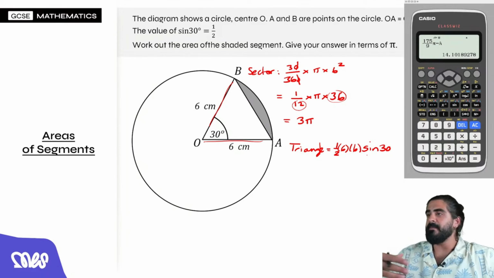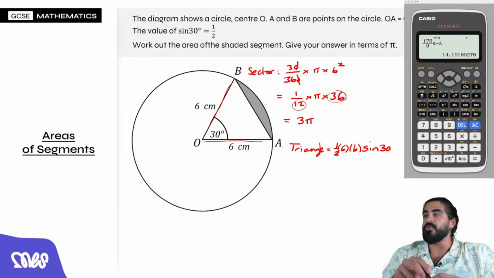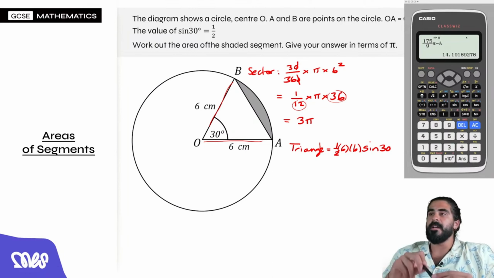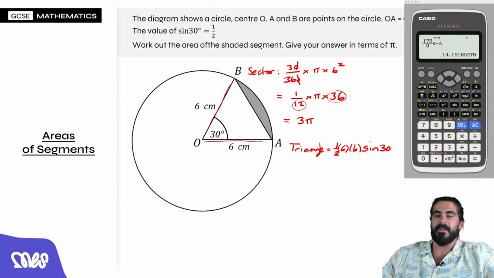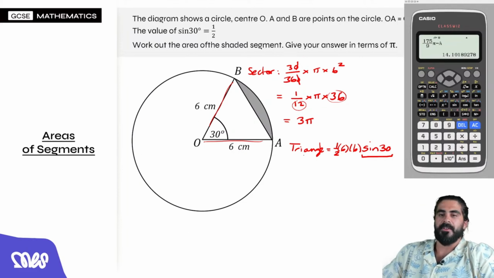Now in the exam, you may have a non-calculator paper where you need to know the values of sine 30, tan 30, cos 30, which we will address another time, but you do need to remember them. This is a non-calculator paper. So I have been generous and told you that sine 30 is a half, and you can verify that in your calculator. So we need to work out what a half times 6 times 6 times a half is.